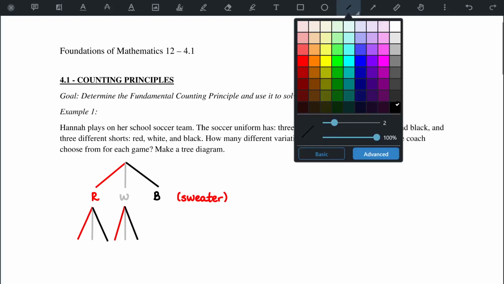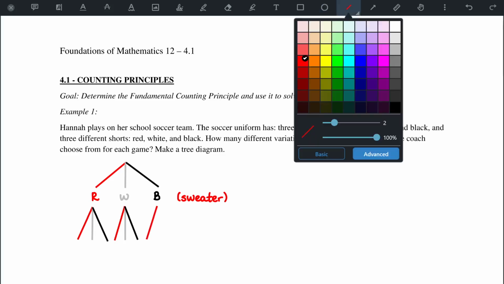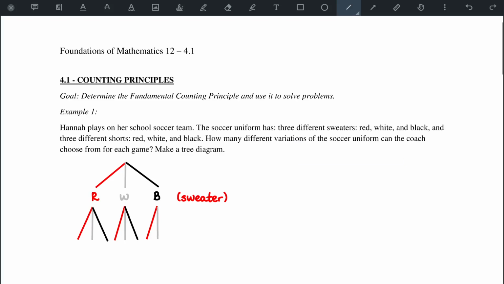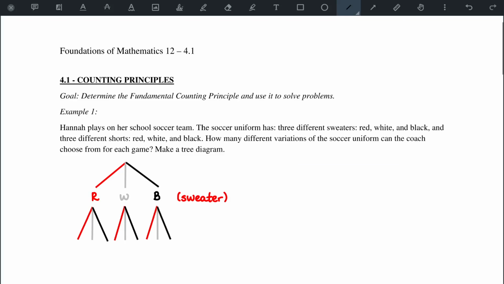So the full tree diagram will look something like what we have on the left here. So here we have red, red, red, and the second set of R's are for the shorts, and the W's for the white shorts, and the B's for the black shorts.